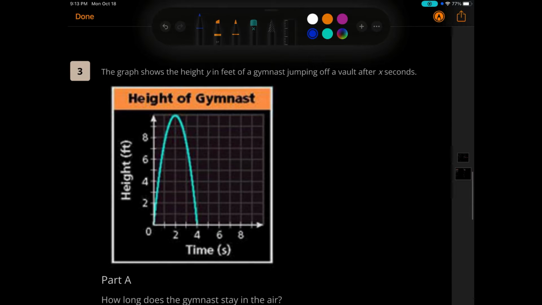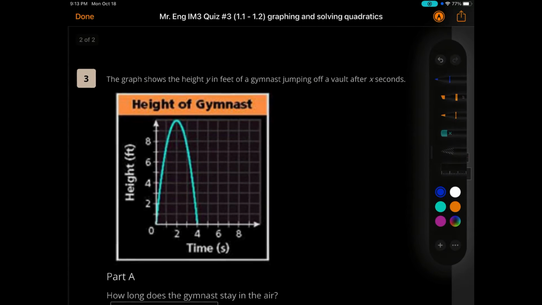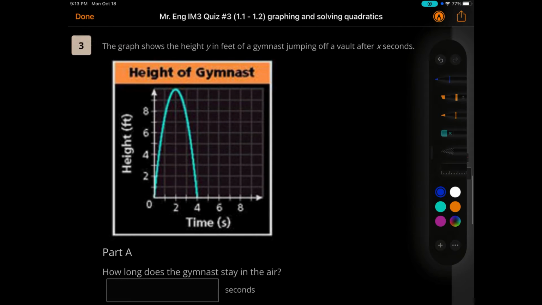The graph shows the height y. So this is the y-axis, right? The height of the gymnast jumping off, and then the x-axis is seconds, how long it takes for the gymnast to jump off the vault. Okay, so part A says how long does a gymnast stay in the air?